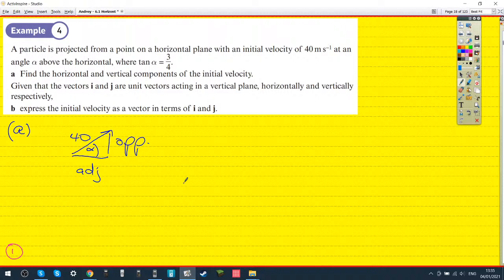I'm not sure. So that would be the horizontal component, the i. That would be the base. Yep. So what is adjacent in the triangle?